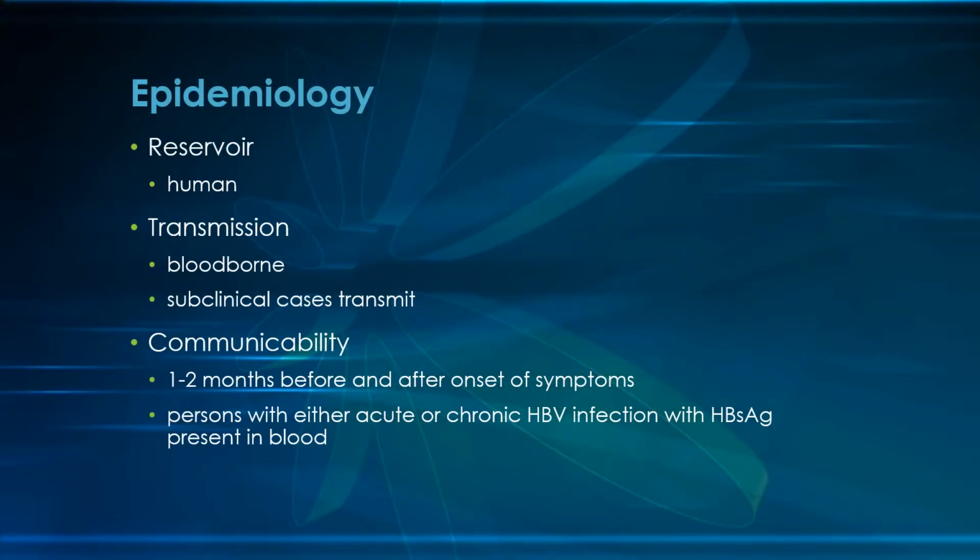HBV's reservoir is human, transmission is bloodborne, and subclinical cases transmit. Communicability is within one to two months before and after onset of symptoms, in persons with either acute or chronic HBV infection with HBsAg present in the blood.